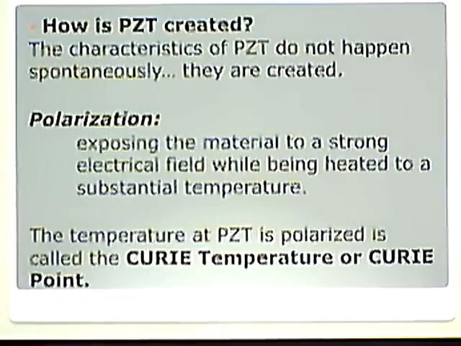The temperature at which PZT is polarized is called the Curie temperature or Curie point. In other words, we heat and heat and heat, and the second that polarization occurs, that temperature at which that polarization occurs is the Curie temperature or the Curie point.